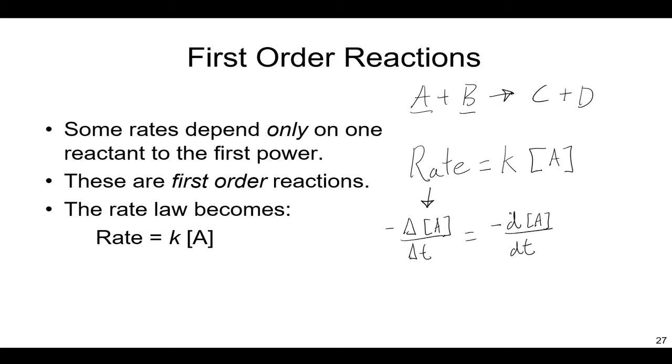Now, if this is equal to this, then that represents an equation that we can integrate. And again, for the purposes of a course like general chemistry, usually you don't need to know how to do the integration, but I'm just going to write it out here for those of you that do like to understand the calculus behind it all.